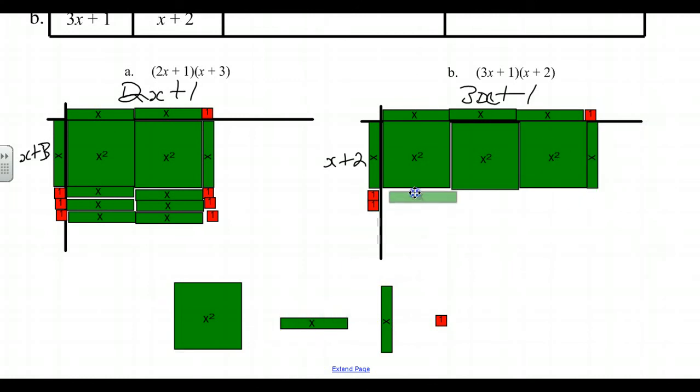I can fit these guys there, there, there, and there. A little lag going on here. Actually, a lot of lag going on. And then all we can do to fill this in is a couple of ones.